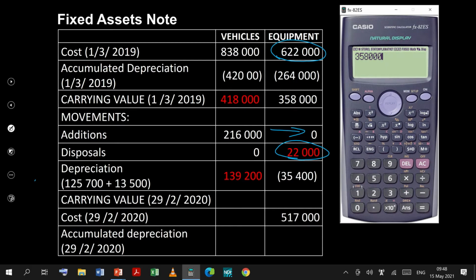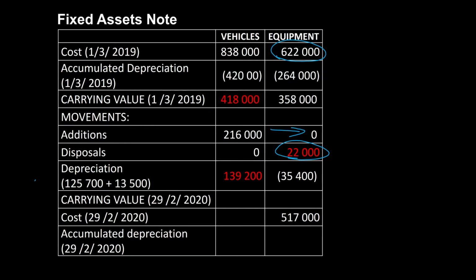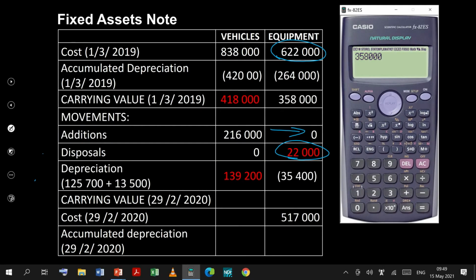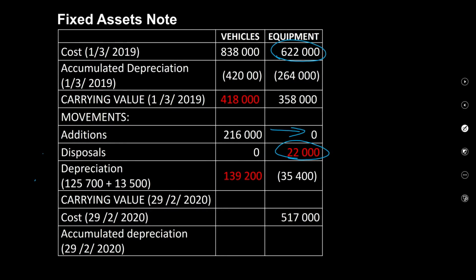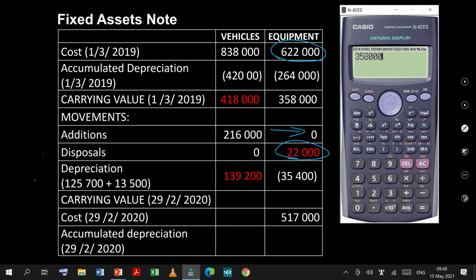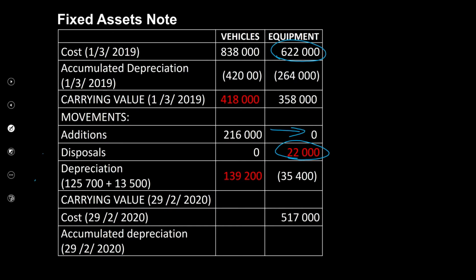Minus your disposal. Let's just get back to our calculator. We got our 358,000 as our carrying value at the beginning of the year. Then we subtracted 22,000, which was my disposals at carrying value, minus my depreciation of 35,400, and clearly you can see that gives you a carrying value of 300,600.